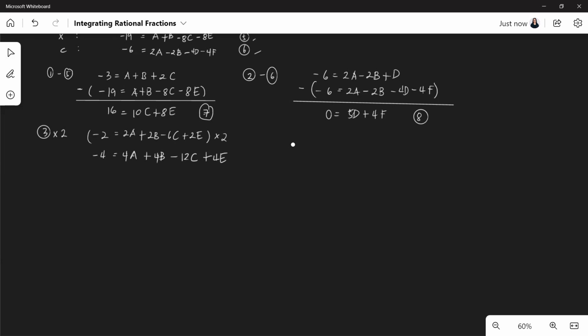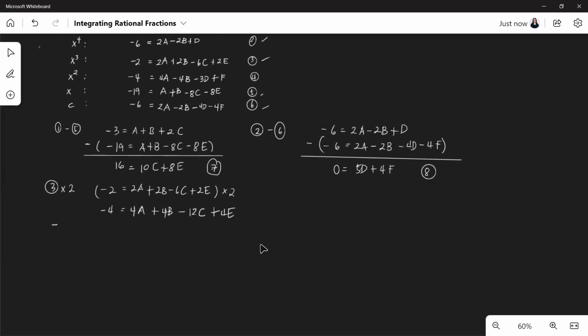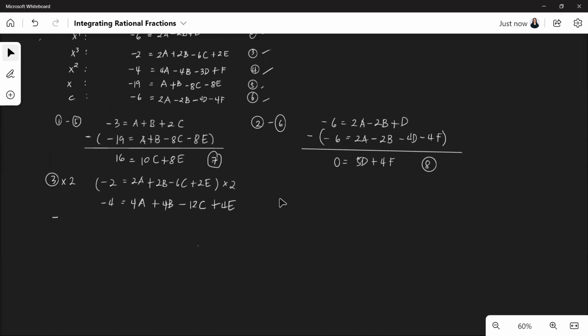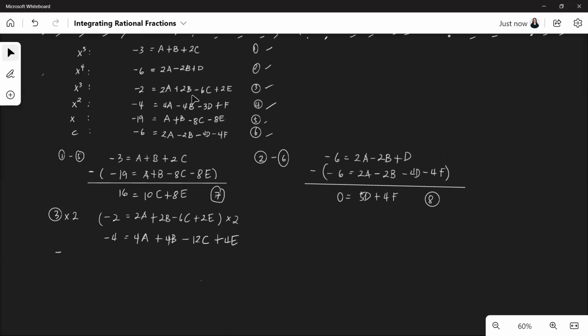And then we can subtract here. I don't need to rewrite because it's too long. Subtract equation 4. Okay, equation 3 and equation 4.